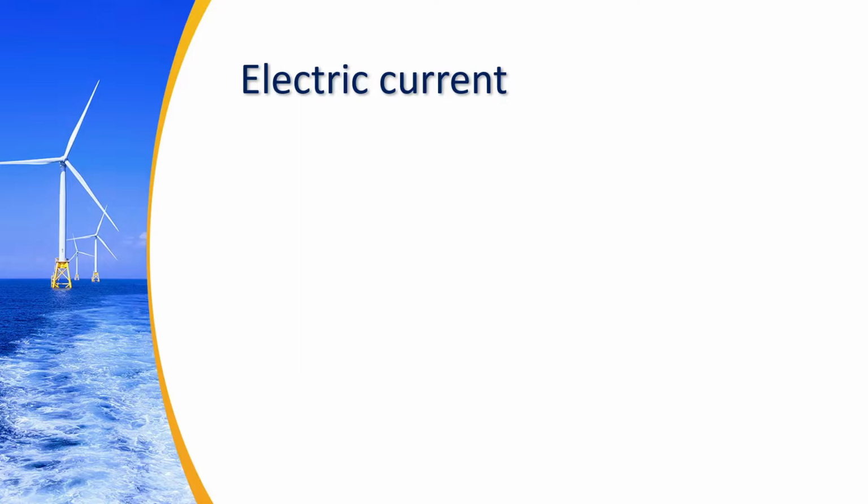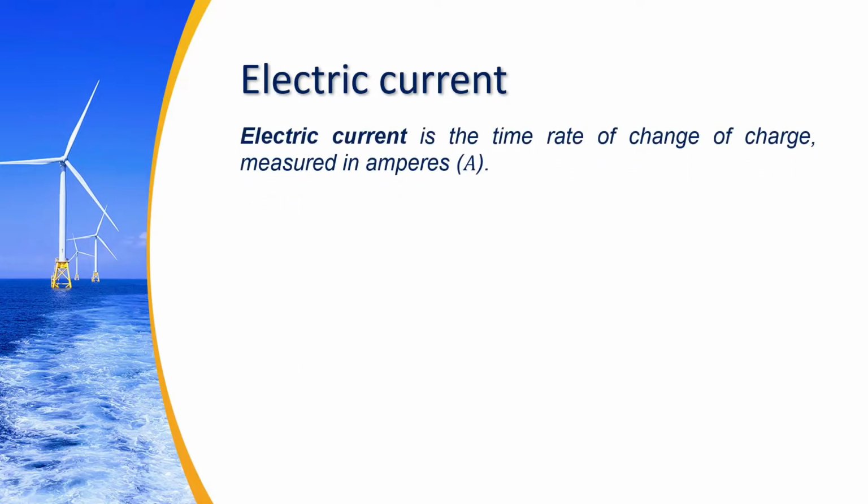So, electric current is the time rate of change of charge measured in amperes. So, ibig sabihin, ang magiging formula natin dito is current is equal to derivative of charge dahil yung current is nakarespect sa time. Okay?